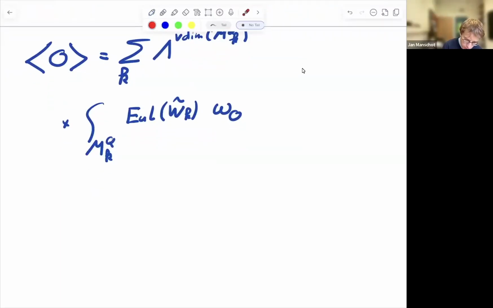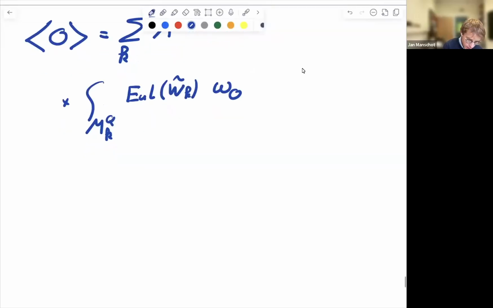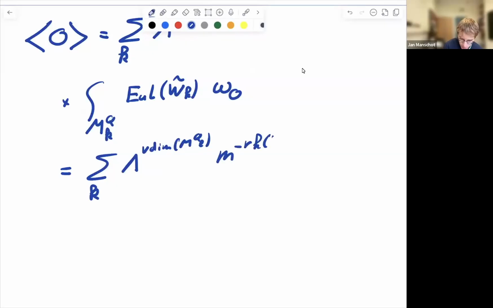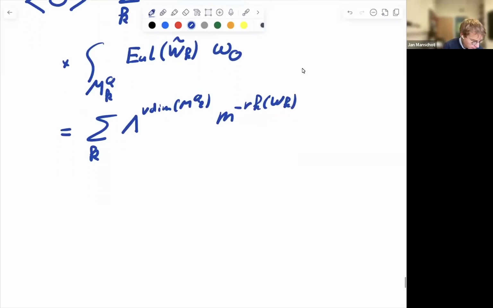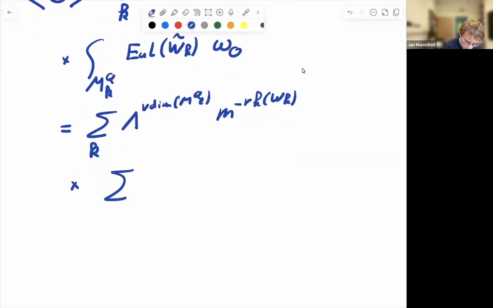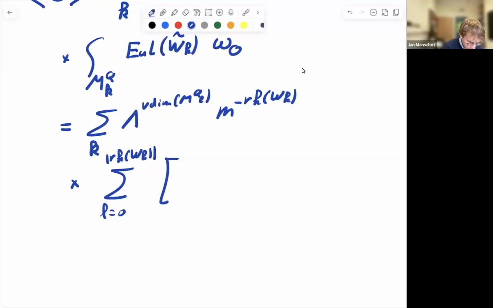Okay, let me not go into those details, but now the idea is that we localize and then we get a sum over K, lambda to the power of the dimension of M_Q,K, m to the minus the rank of the index bundle W_K, times the sum from L equals 0 to the rank of W_K, times an integral over the moduli space of instantons.